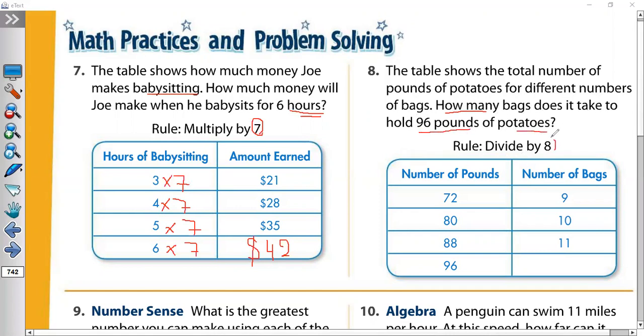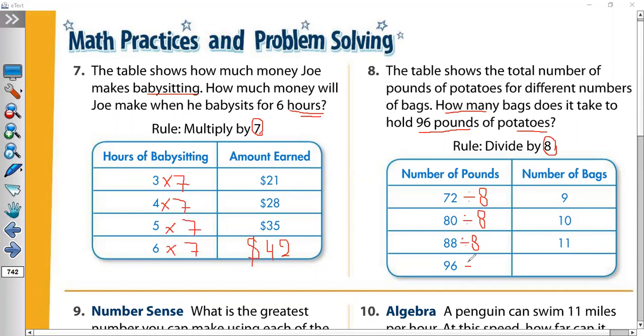Our rule is divided by 8. 72 divided by 8 is 9, because 9 times 8 is 72. 80 divided by 8 is 10, because 10 times 8 is 80. 88 divided by 8 is 11, because 11 times 8 is 88.